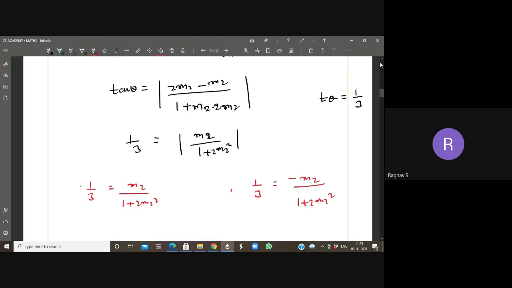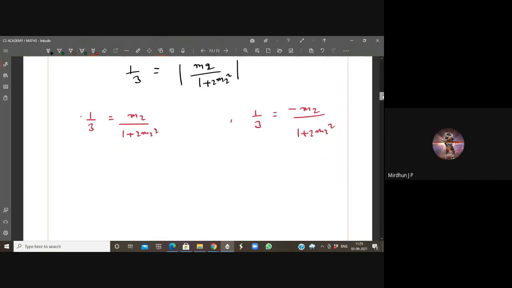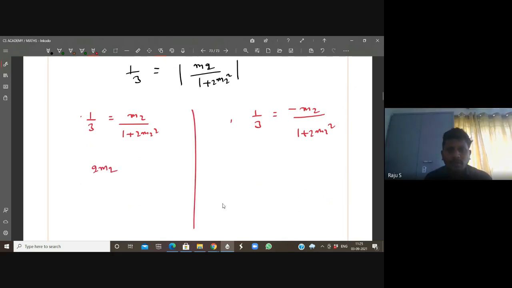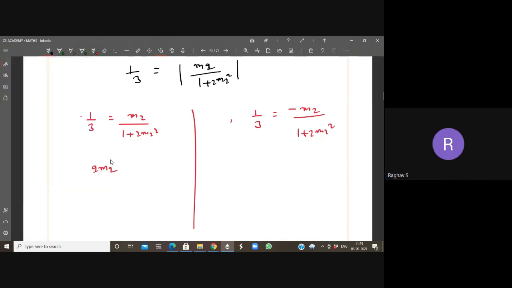Now two equations will come, and you have to solve each case. Some questions are like that only.